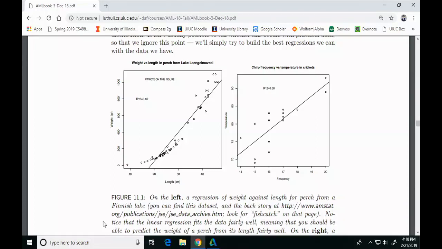We might not get to it today, but we can deal with that. The other thing you'll notice is that some of these length measurements will have multiple weight measurements. So even for a given input x, you'll often have multiple y's.